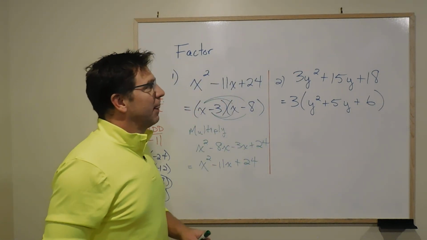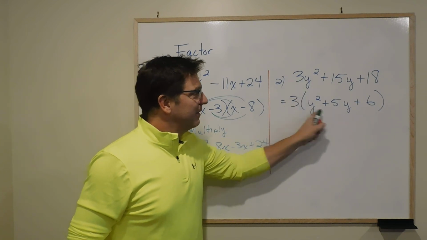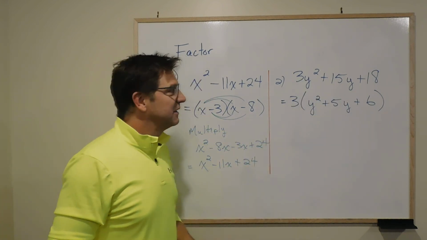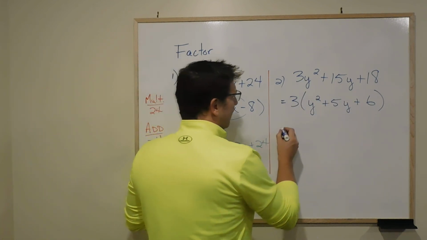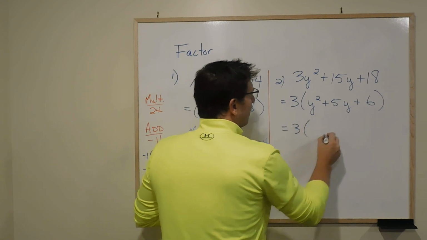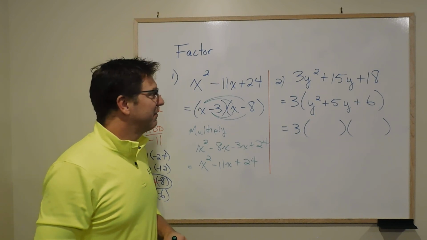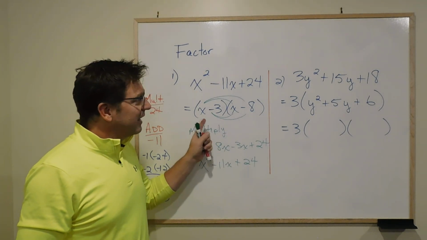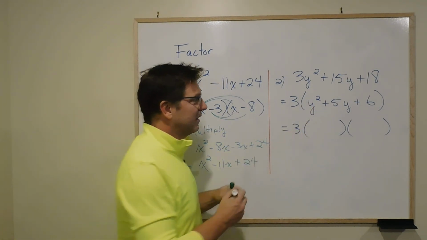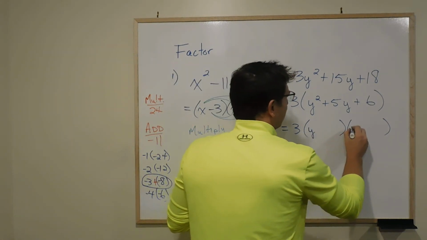3 times that, 3 times 5y, so that works. Now the 3 just stays out front. But we want to find out what the factors are. Just like this technique, y squared can only be y times y.